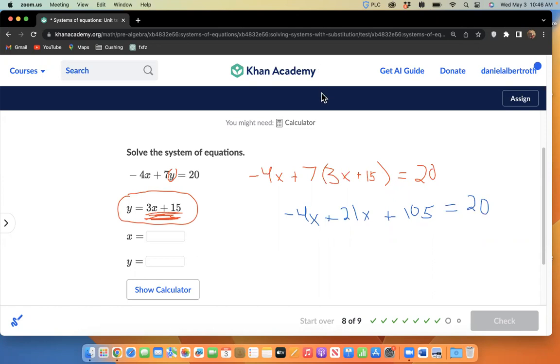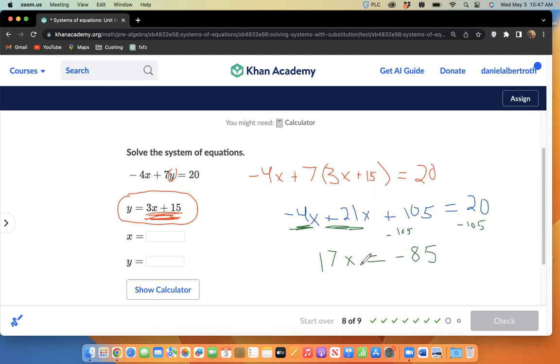Hopefully this is going to give us some nice clean numbers here. Negative 4x plus 21x, that is 17x. Yikes, 17x. I'll subtract 105 minus 105. So 17x is negative, is it 85? Yeah.